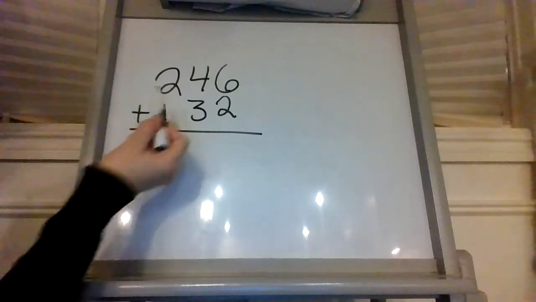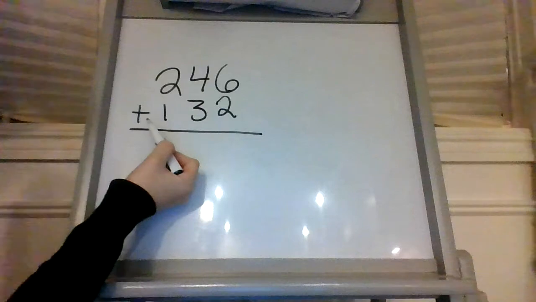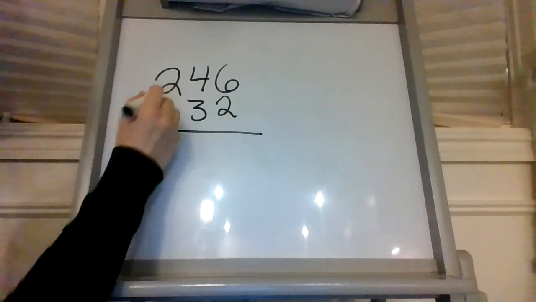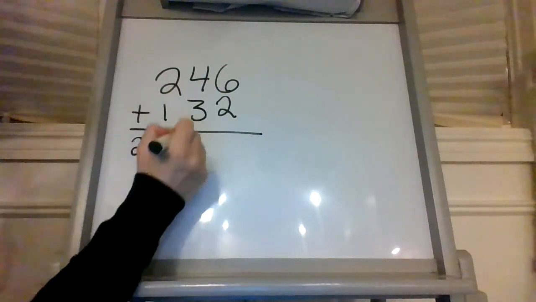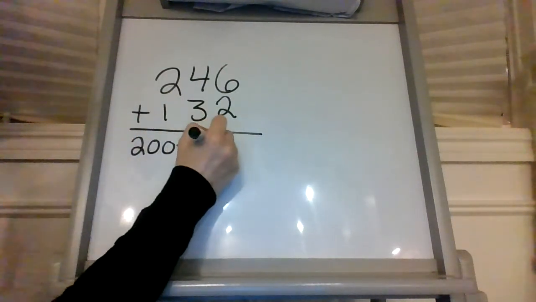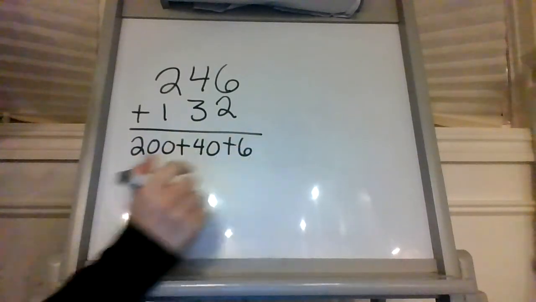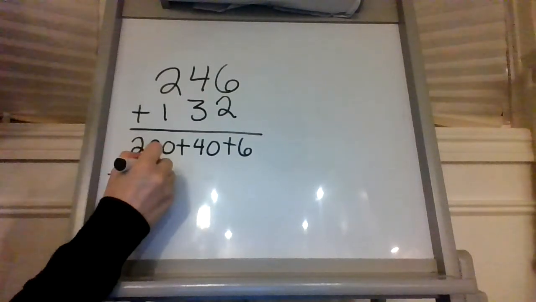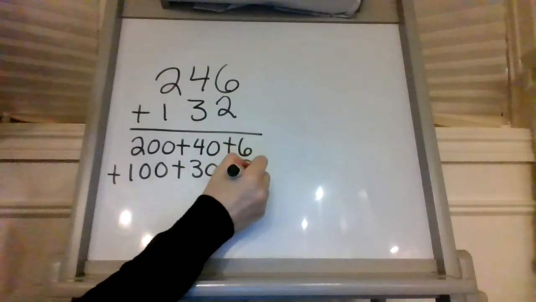Alrighty, I'm breaking up 246 into expanded form or expanded notation. So 200 plus 40 plus 6. And 132 is 100 plus 30 plus 2.